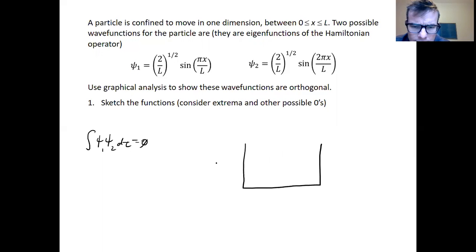Here's my axes. I'm going to plot psi here. This is x. If I look at psi1, it's a sine function. Right? And my first note here is to consider extrema. So what I'm going to do is plug in x equals 0, which is my lower limit. The sine of 0 is 0, so it looks like this.